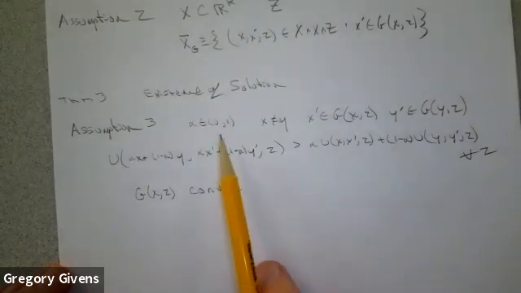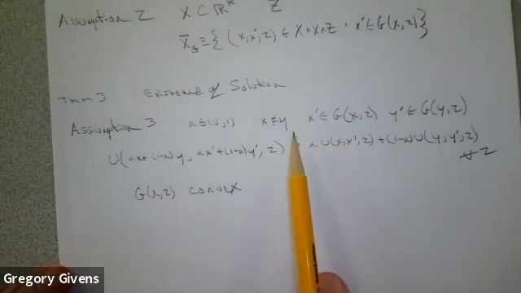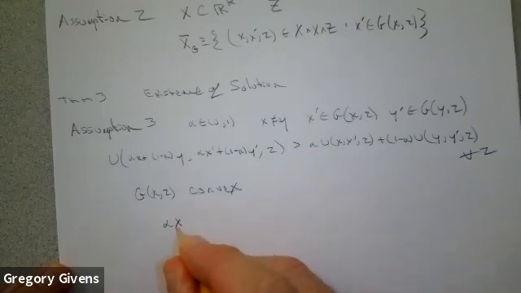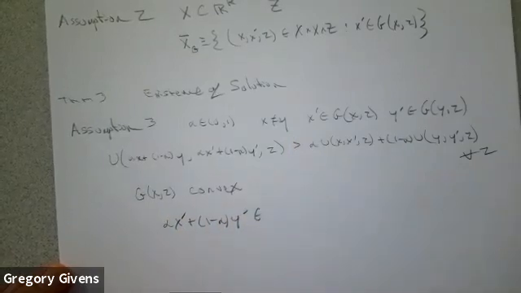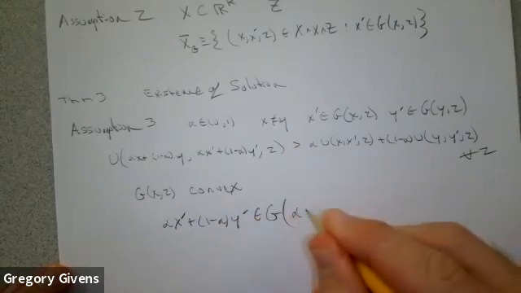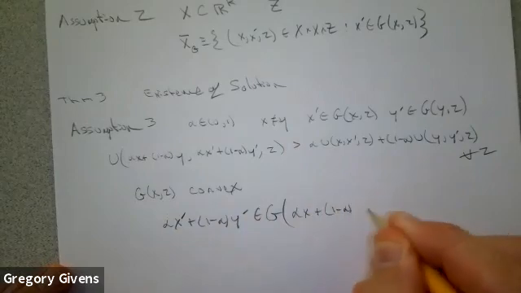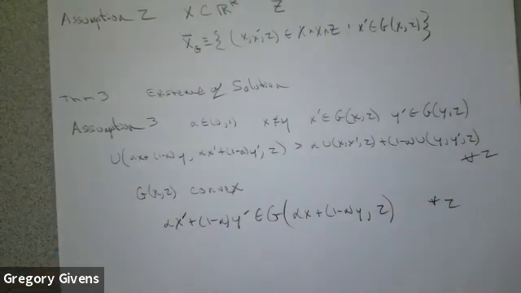Meaning that, again, if you take any alpha between 0 and 1, and you take any two distinct points, x and y, then the convex combination of x prime and y prime has to live inside of the constraint set determined by the convex combination of x and y. For all possible values of z.